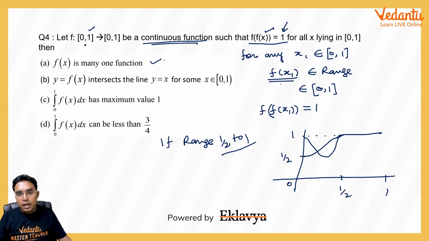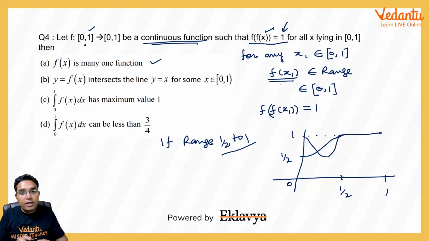Also you can think of either it will have only 1 as its value, okay, then also it has to be many one, because for all values of x belonging to [0, 1], if 1 is the only value in the range, then it is many one.